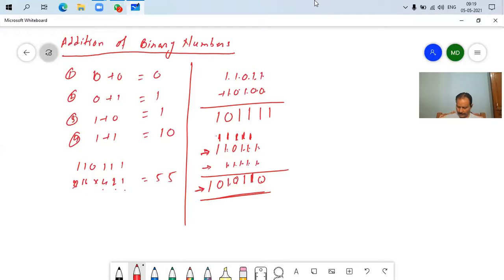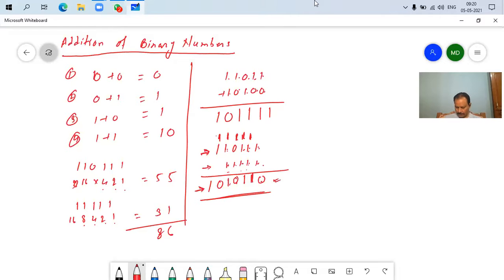Now we take this number, 11111. So once again 1, 2, 4, 8, 16. So 16 plus 8, 24 plus 4, 28 plus 2, 30 plus 1, 31. Now we add them up. It must be 86.